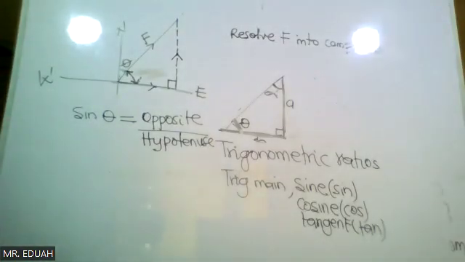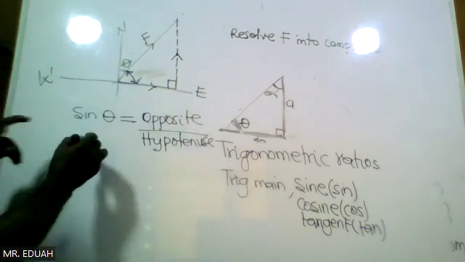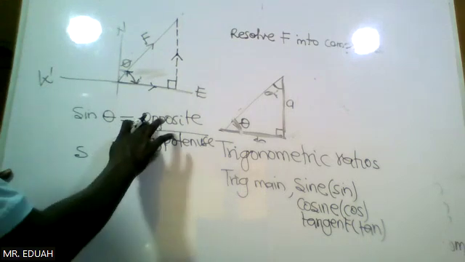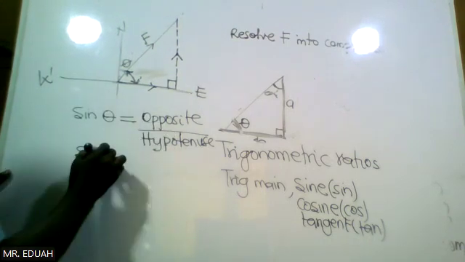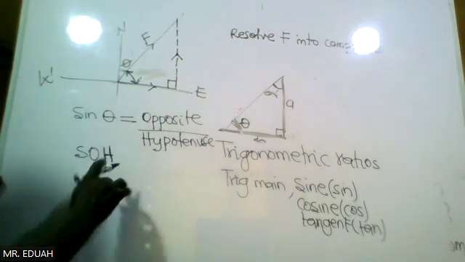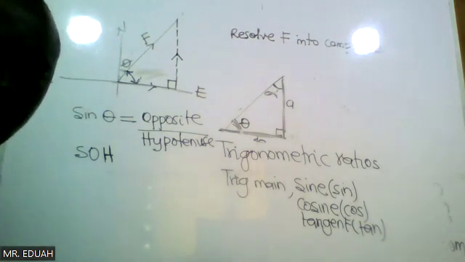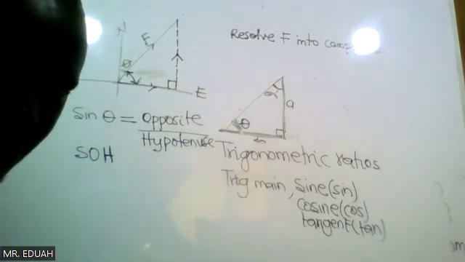And to help easy memorization, we pick the S of the sine, O of the opposite, H of the hypotenuse, then create a word or mnemonic with it, that for sine it's SOH.